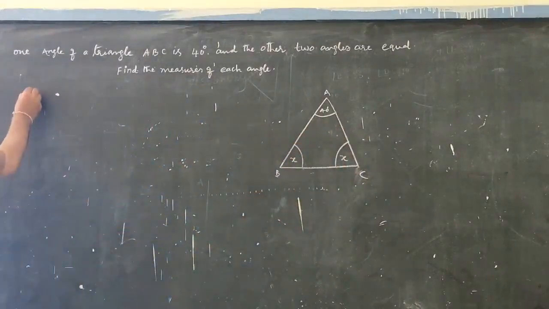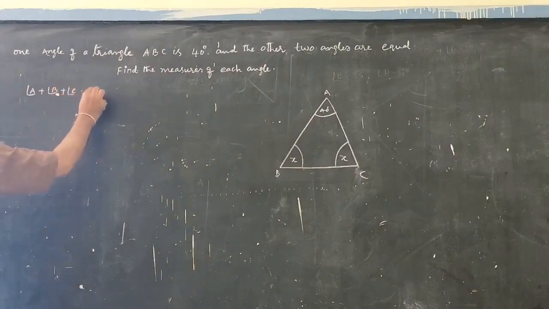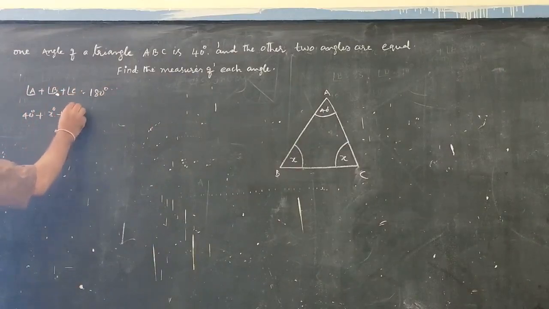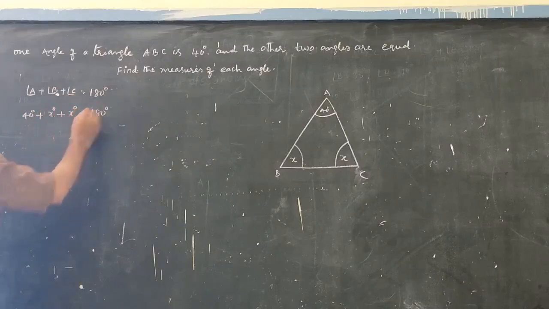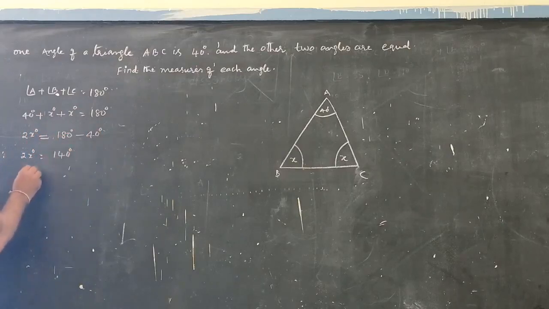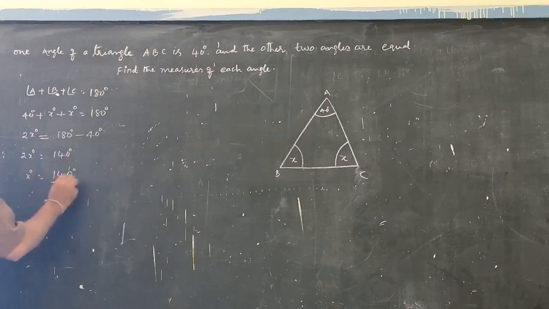We know that angle A plus angle B plus angle C is equal to 180 degrees. Angle A is 40 degrees plus angle B, x degrees, plus angle C, x degrees, is equal to 180 degrees. x plus x is 2x. 2x degrees is equal to 180 degrees minus 40 degrees, which is 140 degrees. x degrees is equal to 140 divided by 2, so x is equal to 70 degrees.